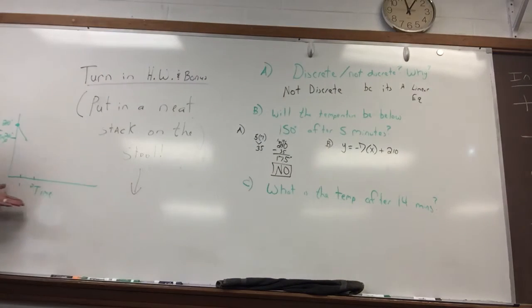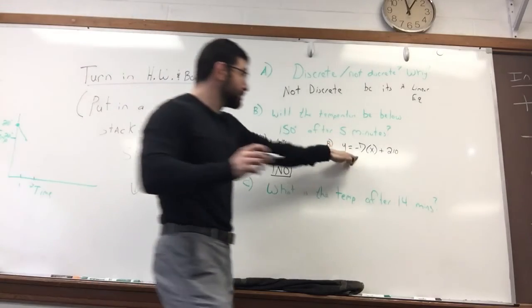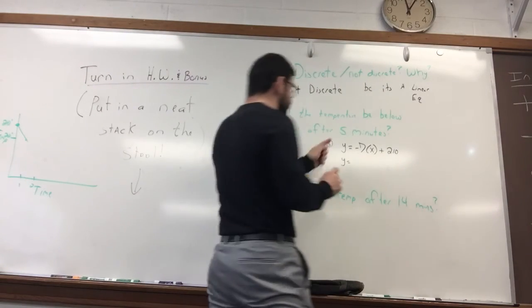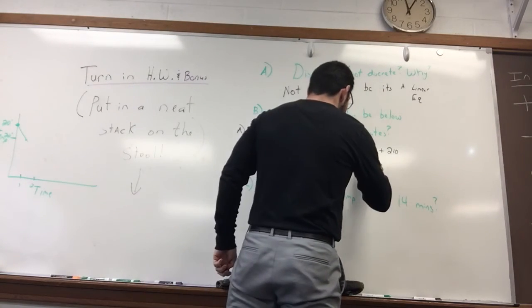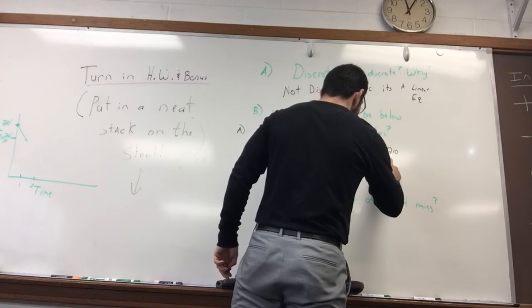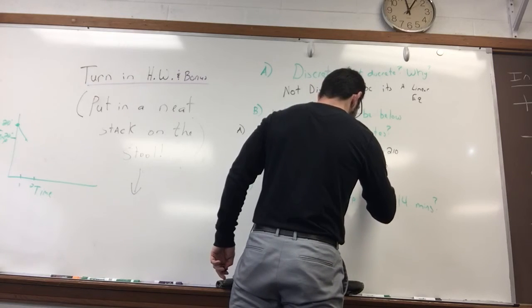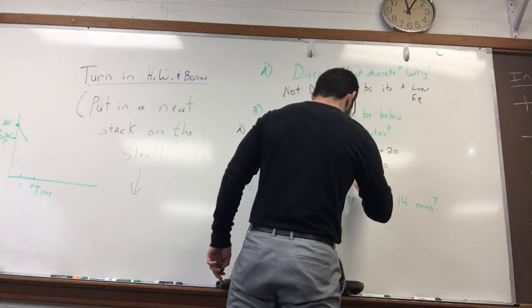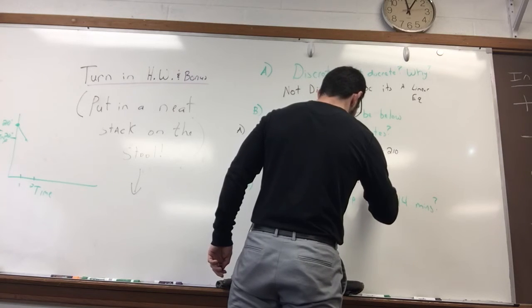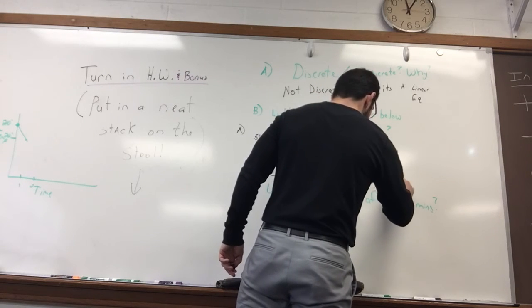What are my x values? Is my x values temperature or my x values time? Based off of the graph and the axes, what is time, x or y? X, right? So I'm going to use this equation and I'm going to substitute in my time. It's the same thing, except now I'm using the equation that's given to me.